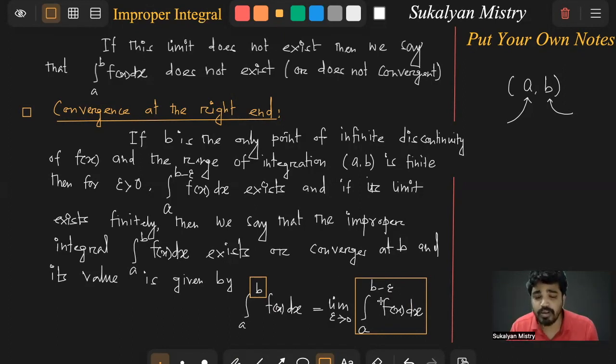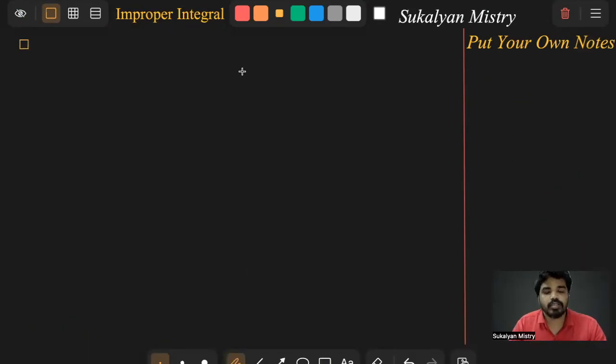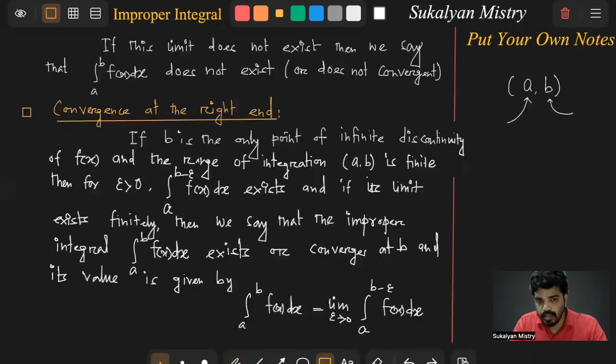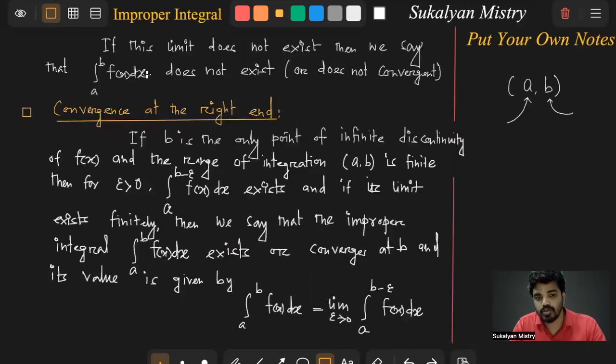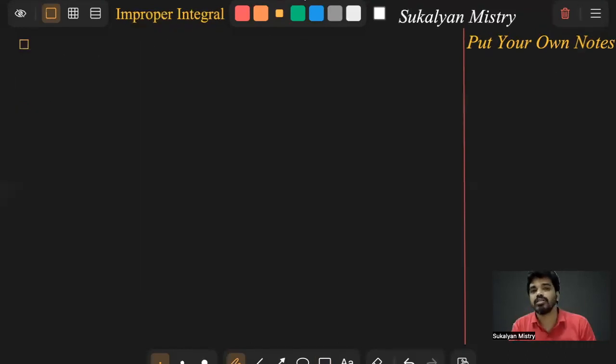That means if the limiting value is plus infinity or minus infinity, it is divergent, and if it exists finitely, then the improper integral integration a to b f(x) dx is convergent. Okay, clear? So now we discuss convergence at both endpoints. First we discussed convergence at the left end, that is a. Next we discussed convergence at the right end, that is b. Now we discuss convergence at both ends, that is a as well as b.